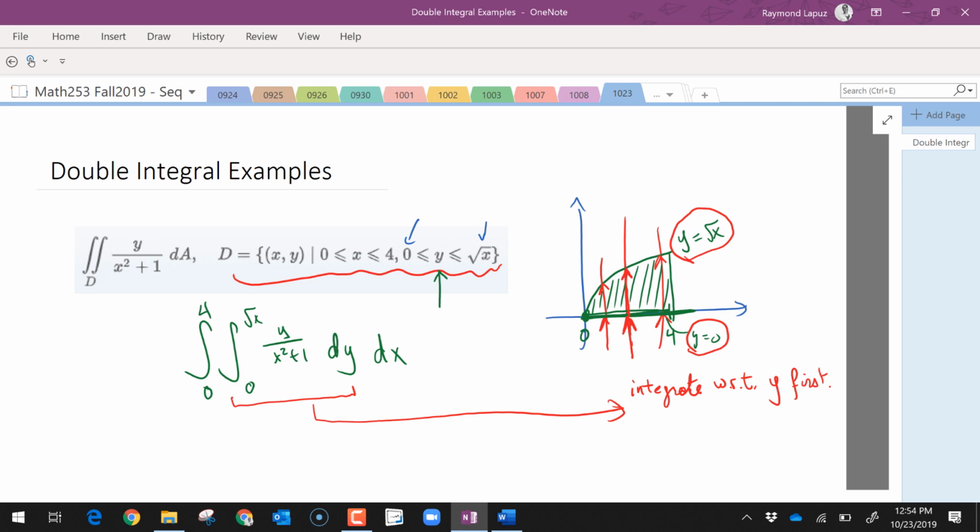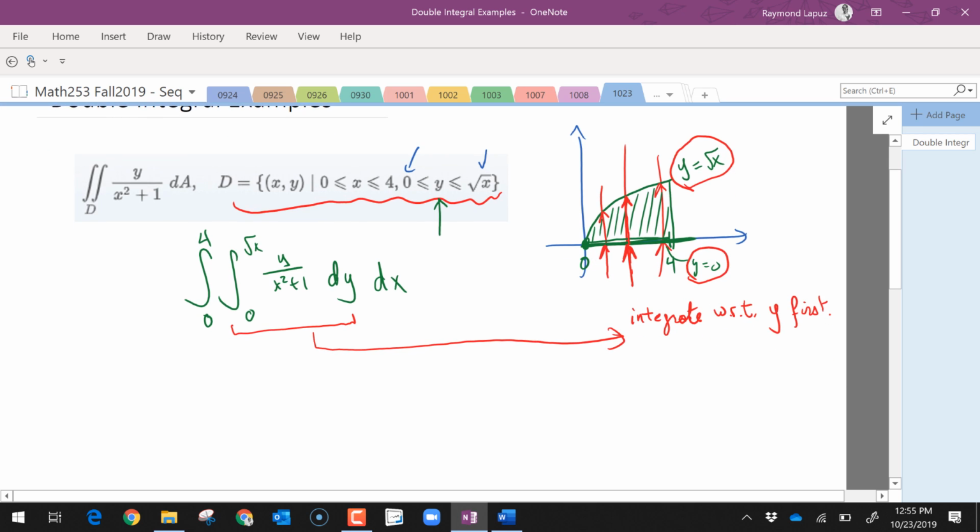The setup, to me, is the most important part. The other important part, so when you integrate with respect to whatever first, you should be able to draw a line parallel to that variable, and then be able to enter and exit the region by the same functions.